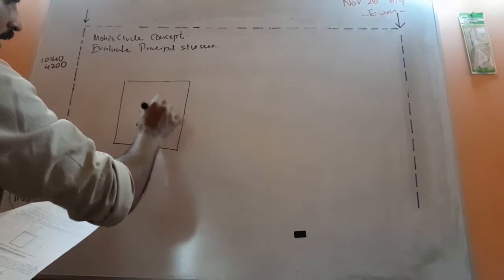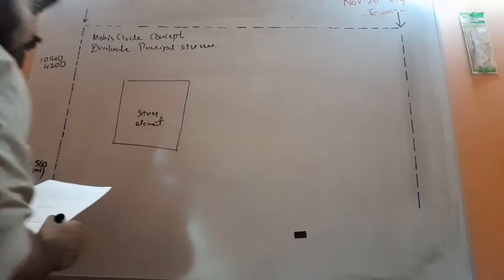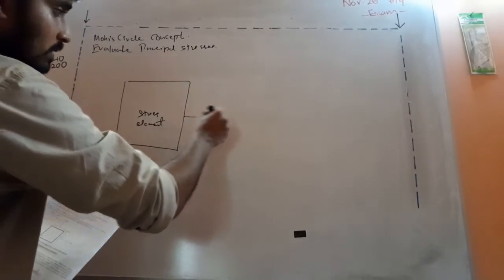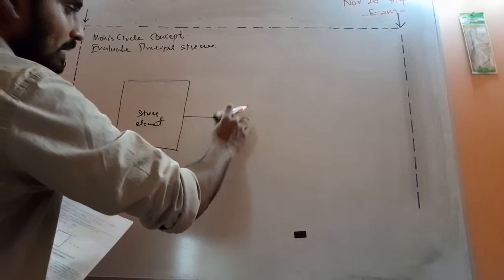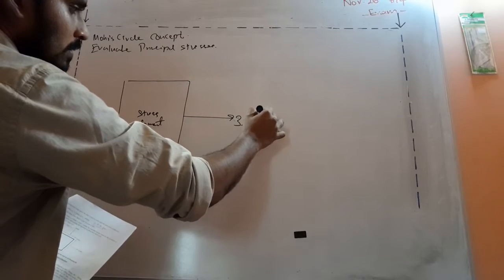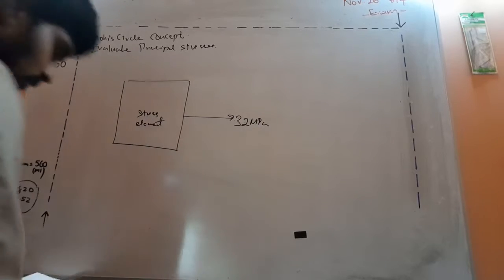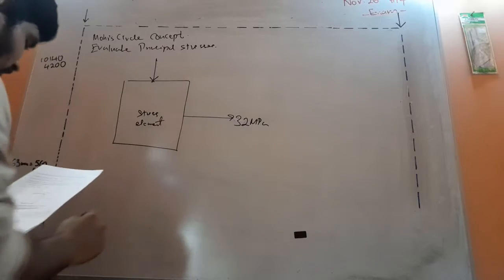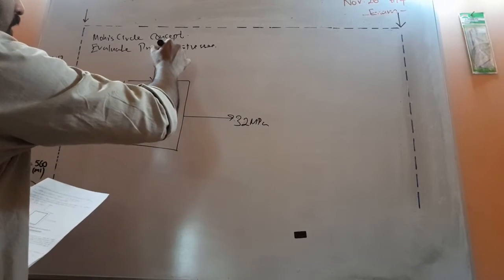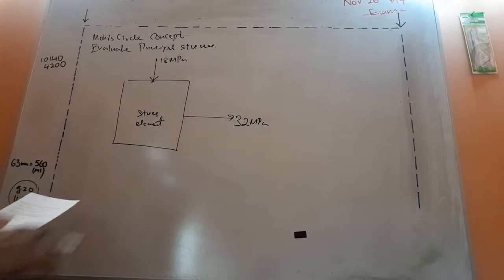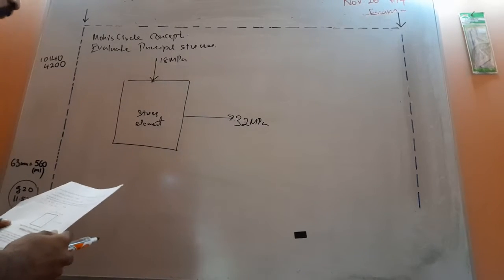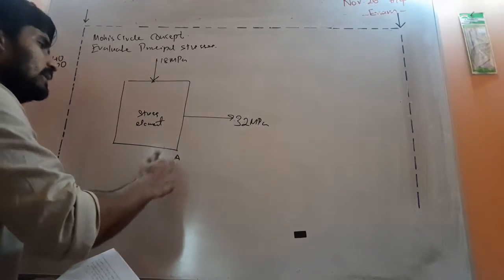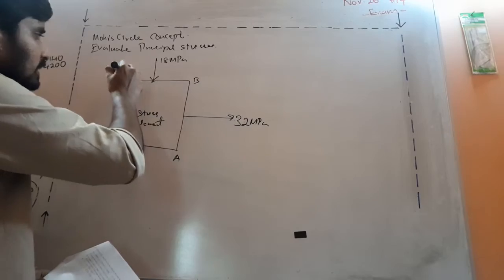In the problem it is indicated that on this side we have a tensile stress of 32 megapascals, and on this side we have a compressive stress of 18 megapascals.